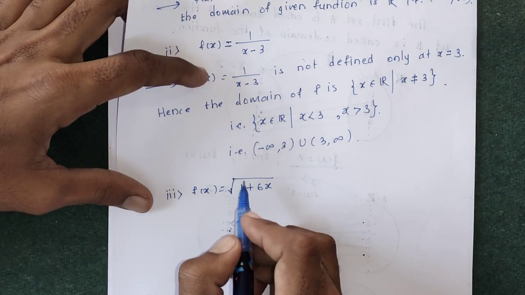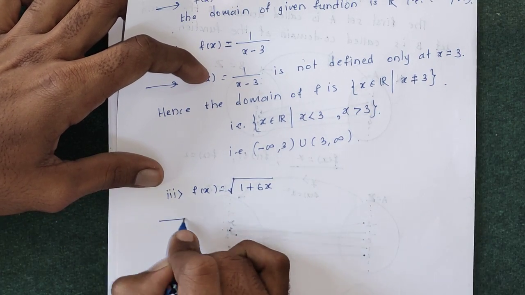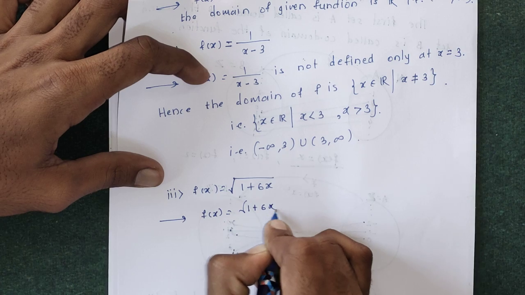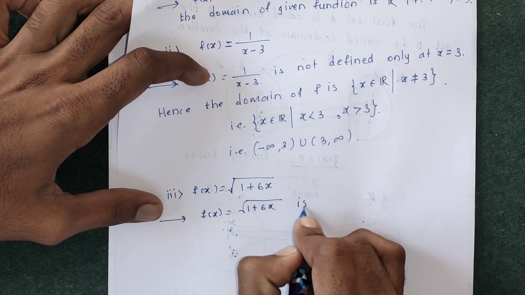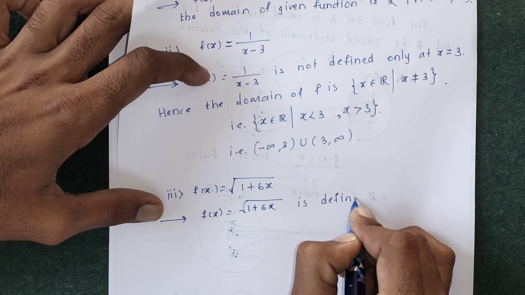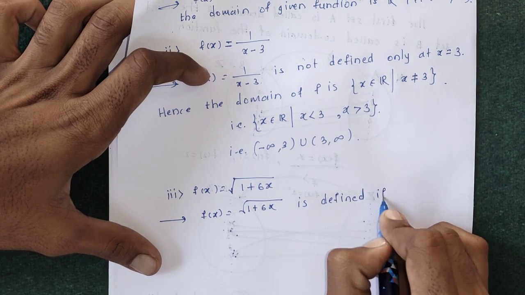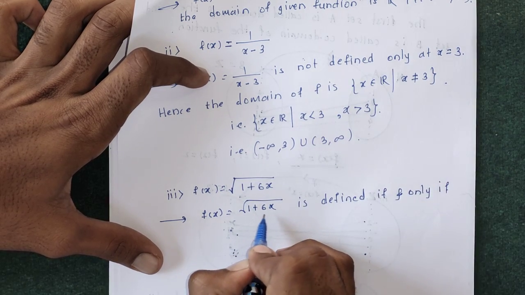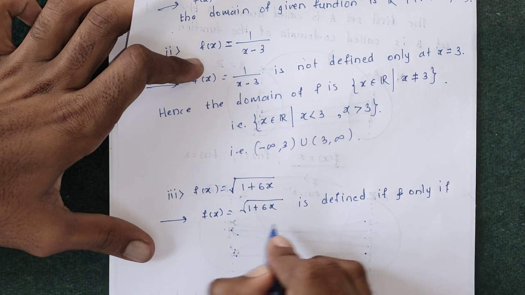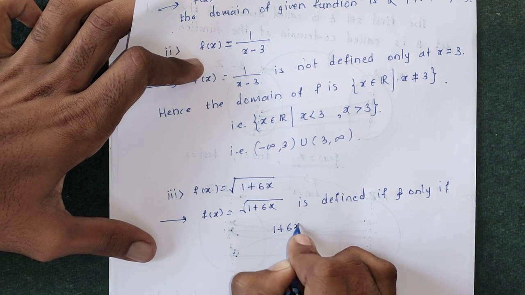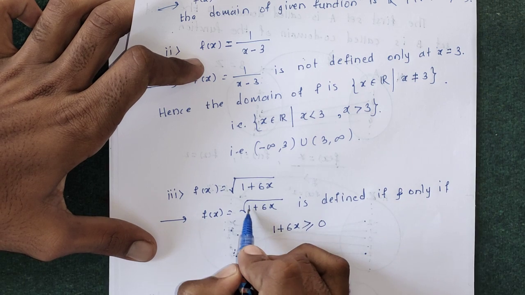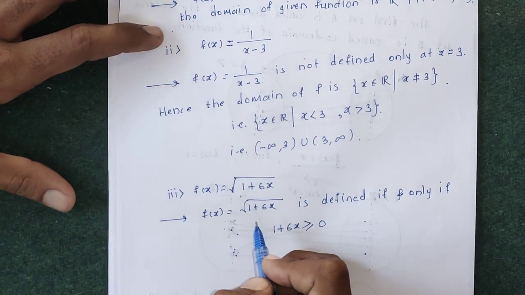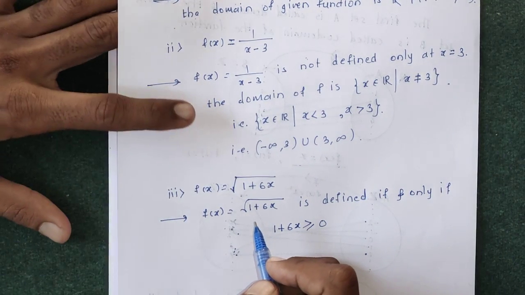So we can say the given function f of x, which is equal to square root of 1 plus 6x, is defined if and only if the value under the root, that is 1 plus 6x, is greater than or equal to 0. If this value is less than 0, it is negative, and the root of a negative number is not possible in real numbers. So 1 plus 6x is greater than or equal to 0.